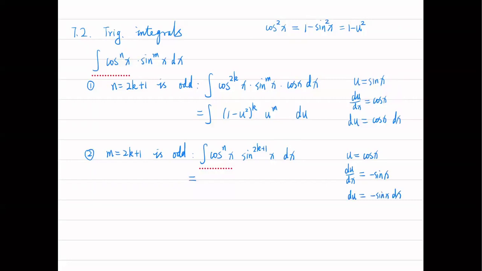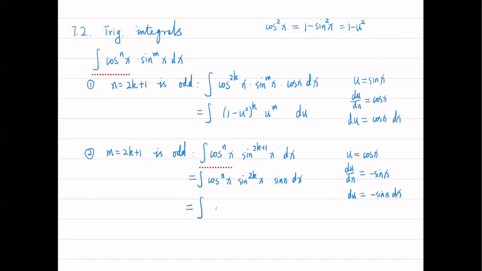Now we will split cosine x, just one more step: sine 2k x sine x dx. In this case, we have u to the n, and that with negative du.